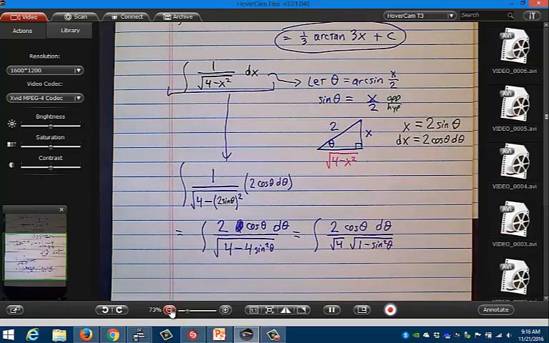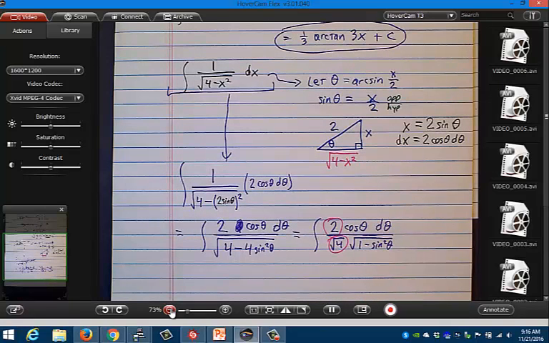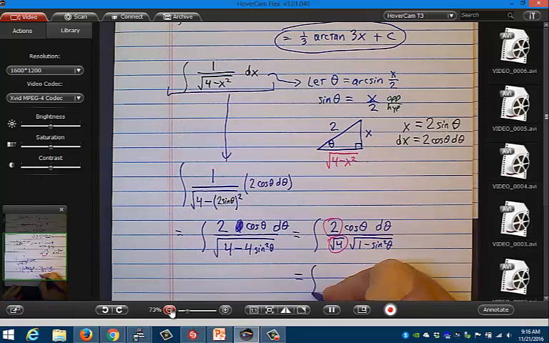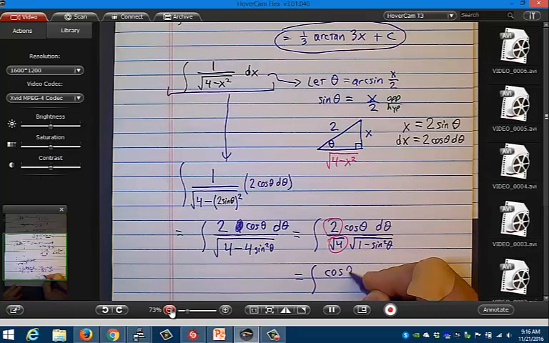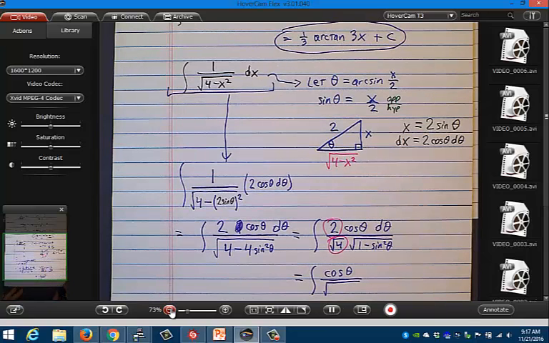Do you see anything that cancels? The 2 and the square root of 4 are the same, right? So those are gone. Do you notice anything else? What is 1 minus sine squared theta? It's cosine squared theta. Right?